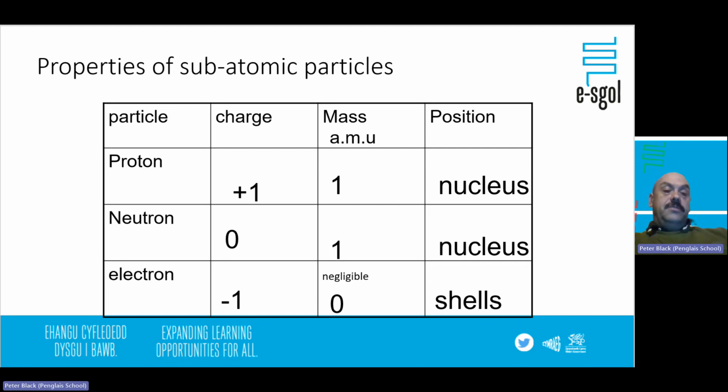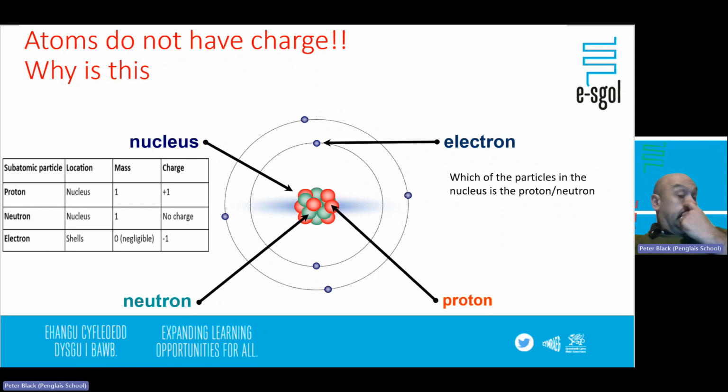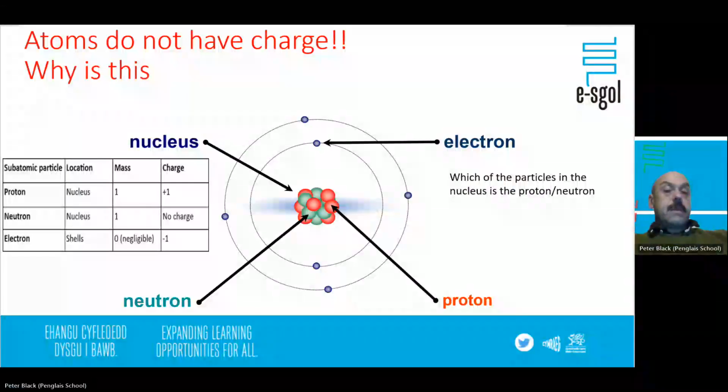We're actually going to use these charges now, the proton and electron charges, to help us go back to our original question, which was which of these particles is a proton and which is a neutron. So how are we going to do that? Well, let's put our table back up, and a really important statement that you must know for the exam, because we see this question asked lots: atoms do not have a charge. Why is this?